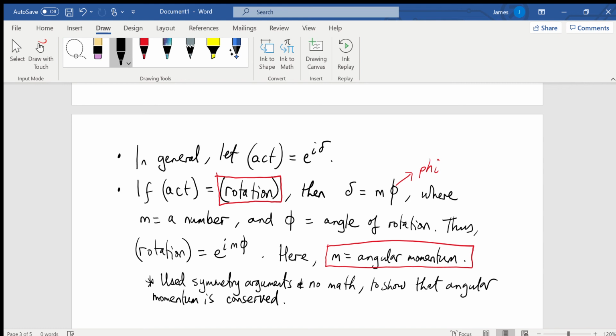Okay, and that's no small feat. So angular momentum is a conserved quantity.